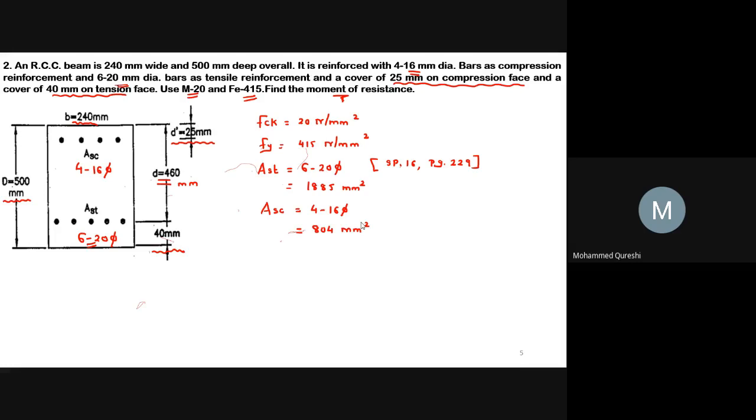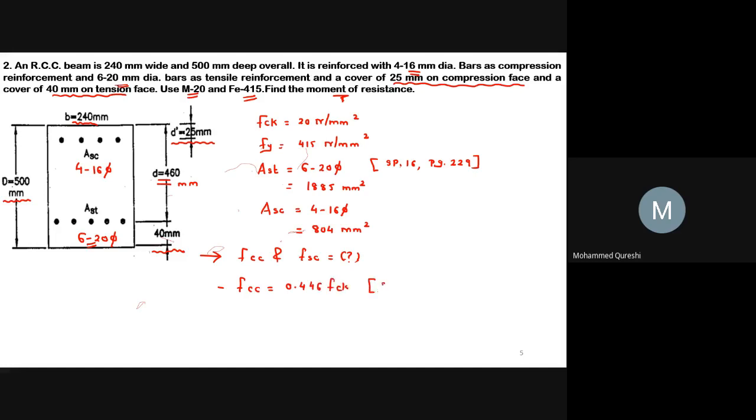Now, as we have calculated Ast and Asc, our next step will be to find Fcc and Fsc. So, as we know, Fcc equals 0.446 fck.